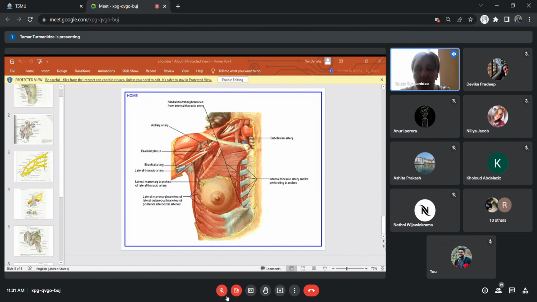So the aim of the operation is what? That the lumen of the trachea must be opened. Which incision is performed on the trachea?